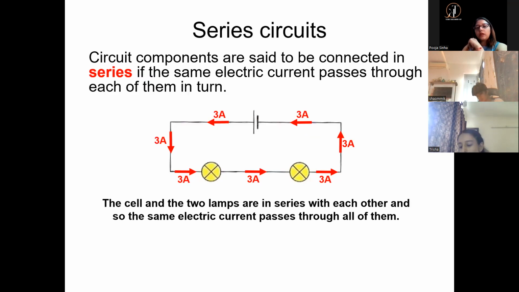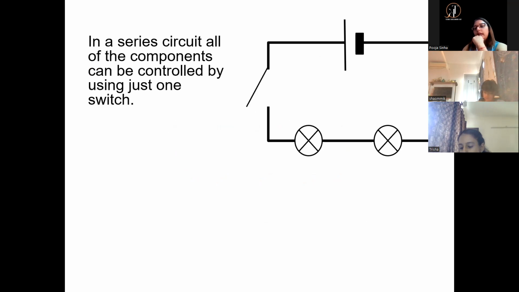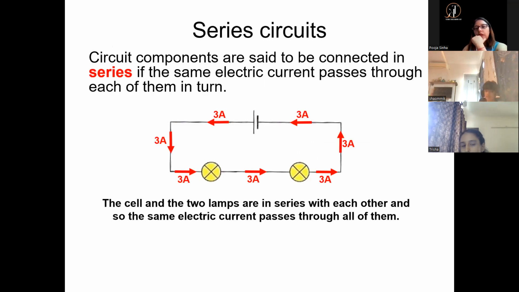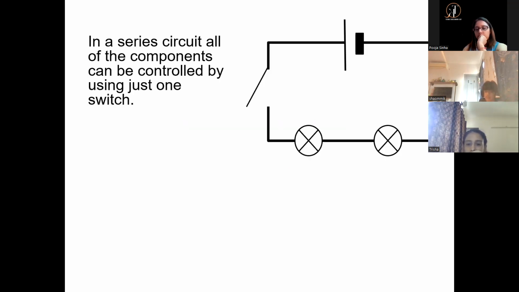Okay. Now, suppose in this particular circuit, you don't see any switch. Suppose I add a switch to this, what will happen when I switch this on? Will both the bulbs glow at the same time or not? In this previous circuit, there was no switch. But in this circuit, we added a switch. What will happen to the bulbs when you switch it on?